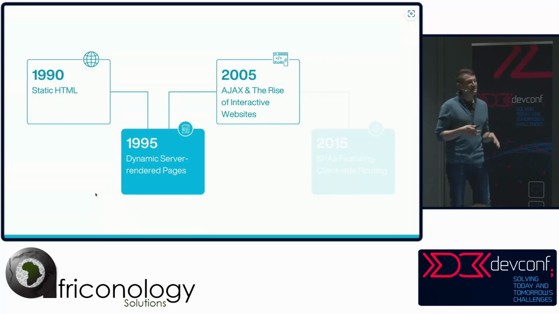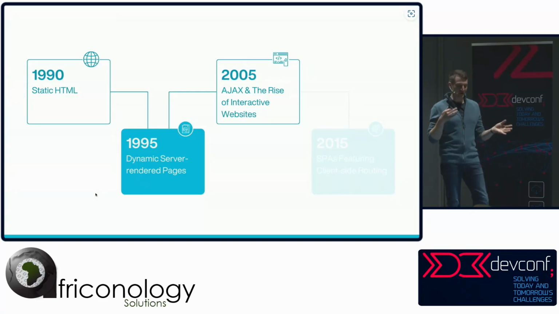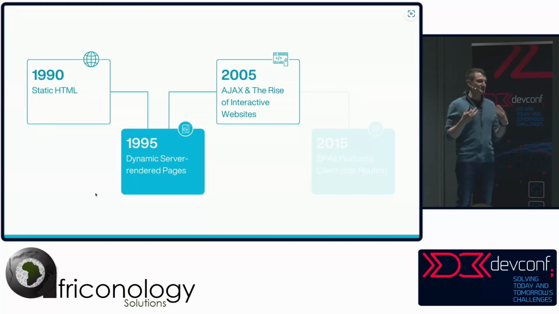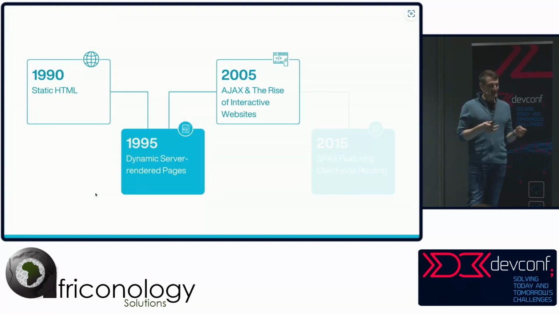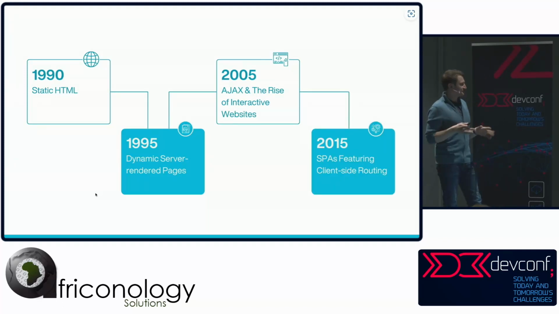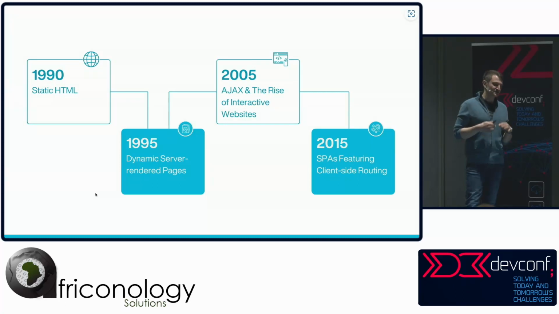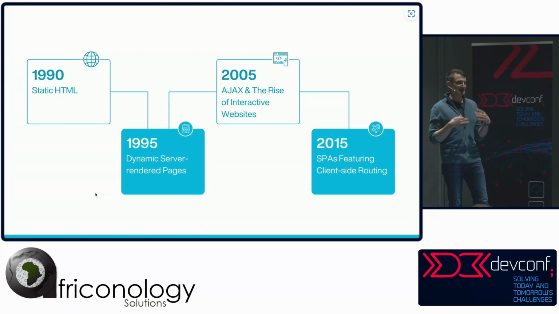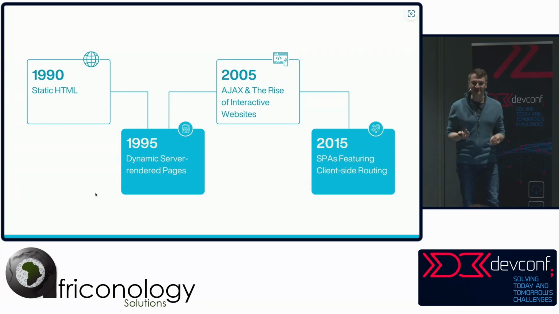With that, it was possible to build more app-like experiences and have a little bit nicer user experience in general. And this all culminated around the year 2015, when we had fully fledged SPA frameworks like Angular, React, Vue.js, and so on.